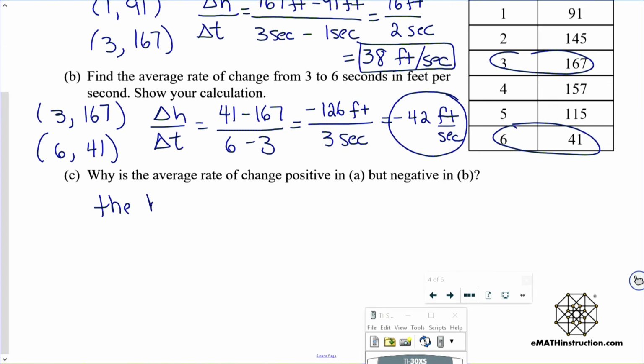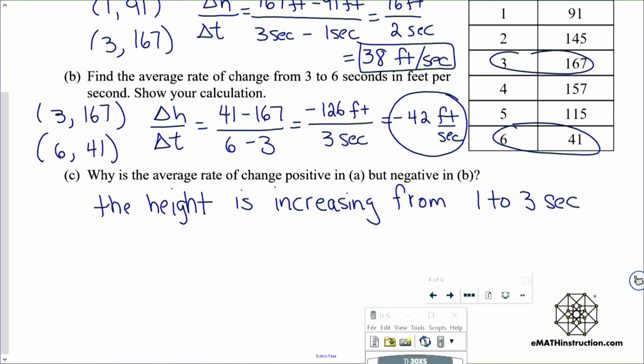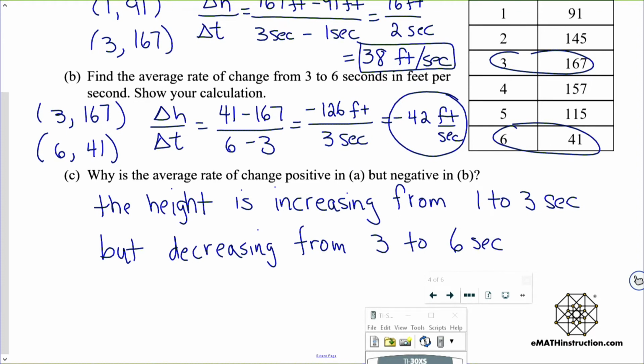So the height is increasing from 1 to 3 seconds, but decreasing from 3 to 6 seconds.